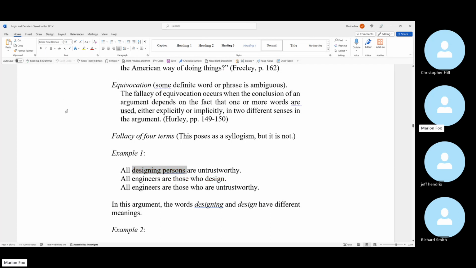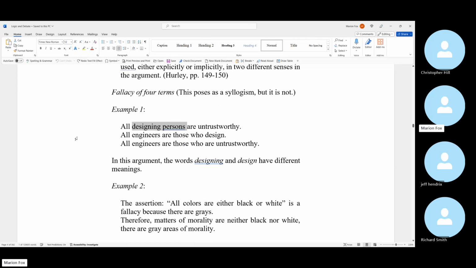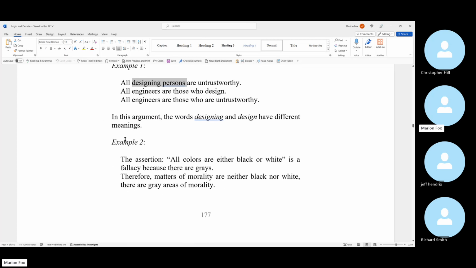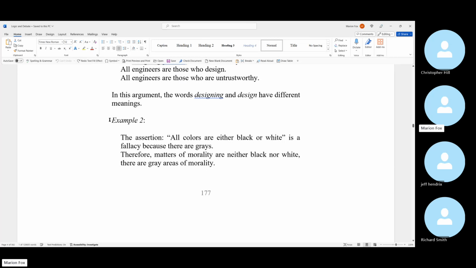People will do that and use things in that way. In this argument, the word "designing" does not have different meanings. Here's another one. The assertion "all colors are either black or white" is a fallacy because there are grays. Well, this is a claim that some make, and then they'll say, therefore, matters of morality are neither black nor white, they're gray areas of morality.